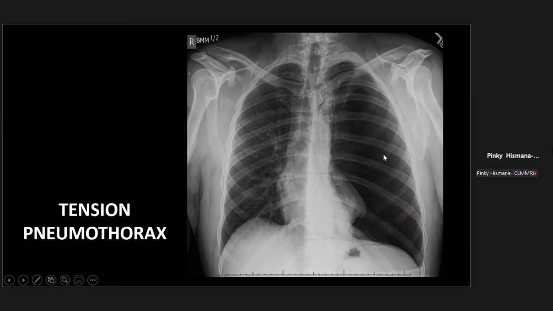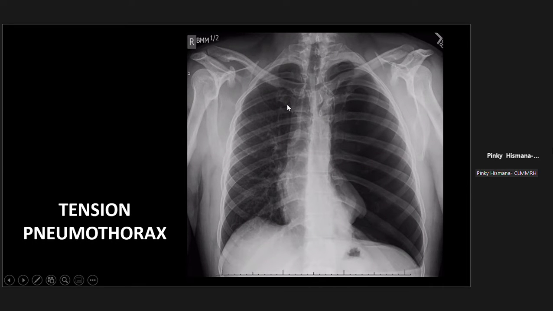If you notice, ideally in a normal X-ray, most of the content of the mediastinum, especially the heart, should be placed on the left side. But here there's already a shift or displacement of the mediastinum, including the heart, to the right, as well as displacement of the trachea to the right.